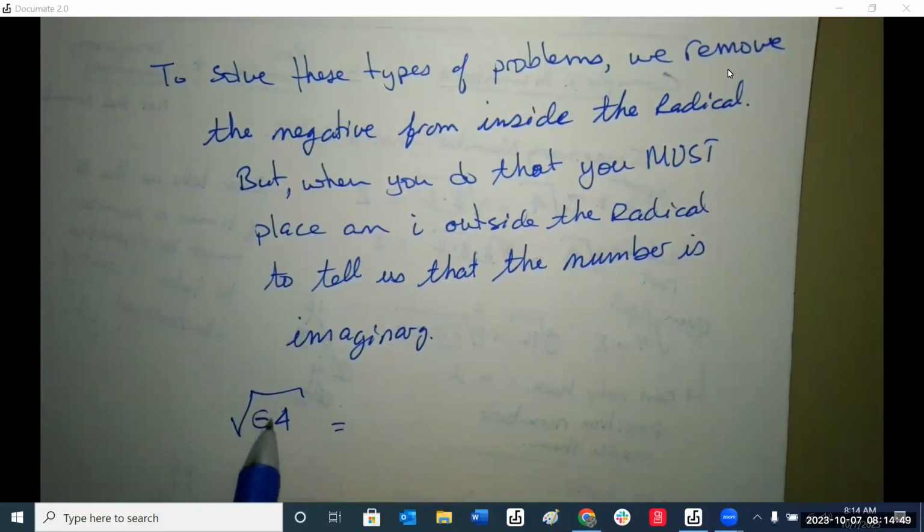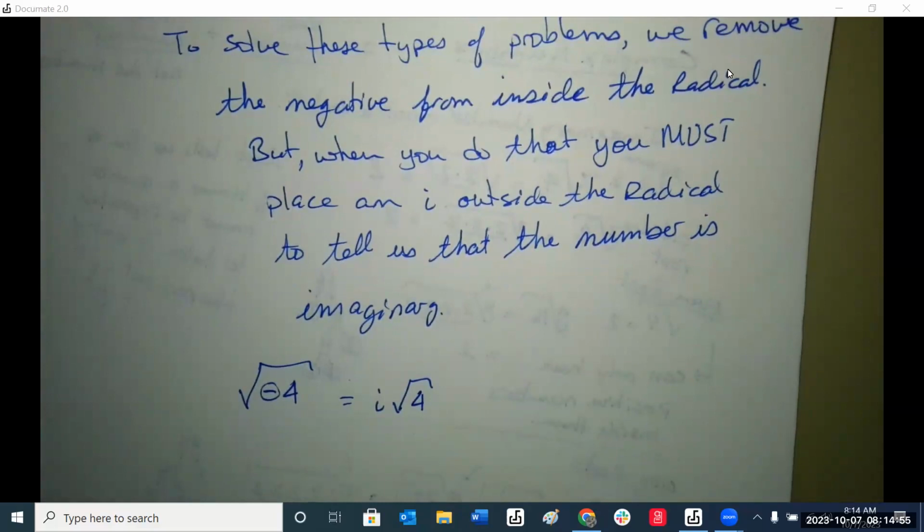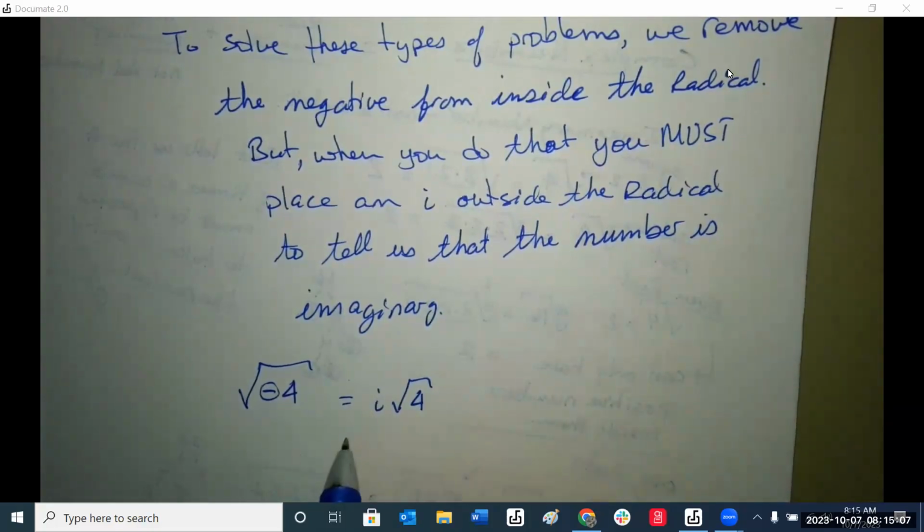So we remove that negative and put an i outside. Now this i tells us that this answer had a negative inside the even root, square root or even root radical. Now we can go ahead and solve this. The square root of 4 is 2 with an i.